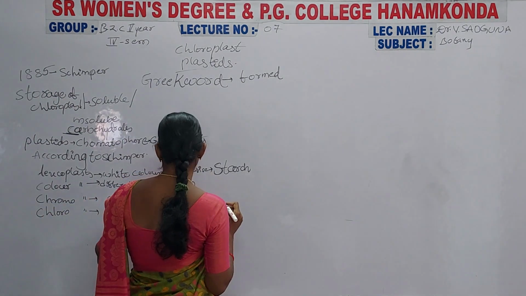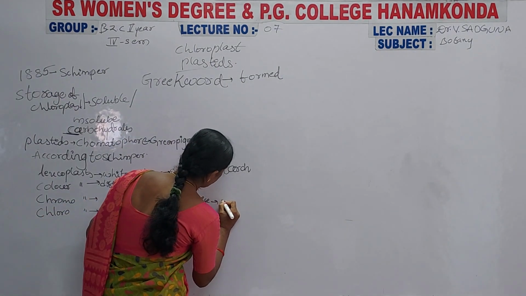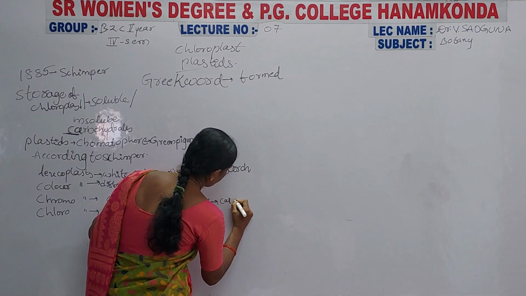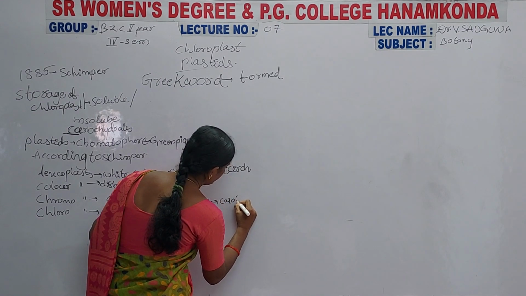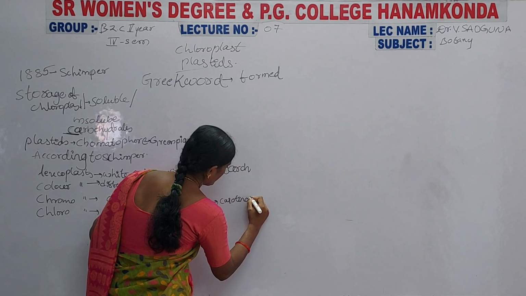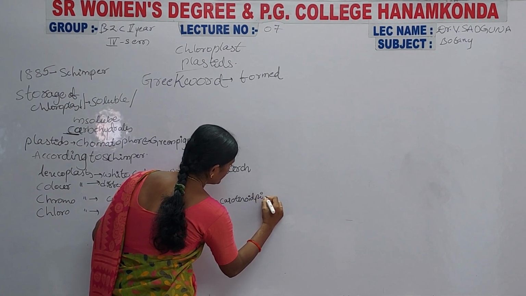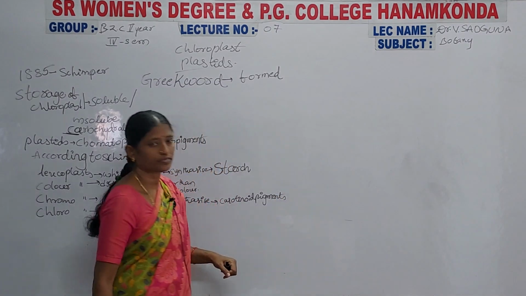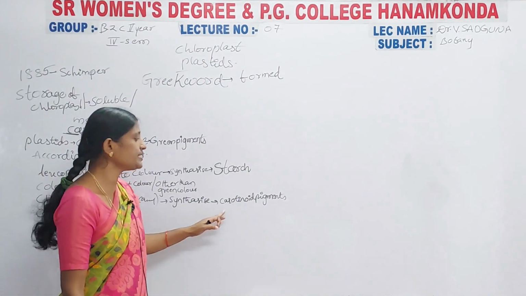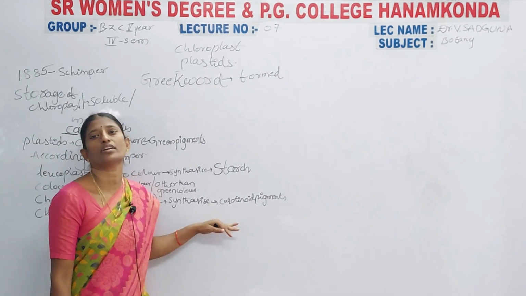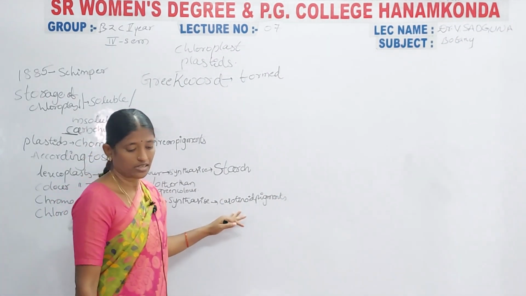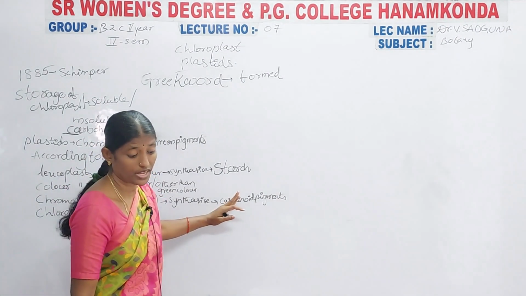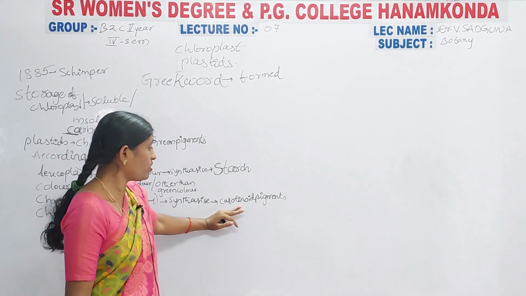The chromoplast synthesizes carotenoid pigments. Carotenes are red or orange colored pigments, called carotenoids.